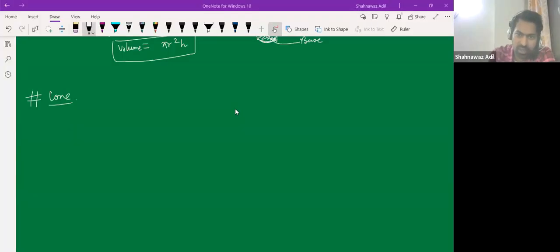This one curved surface, and then the top one, which is the circular part. For the case of this cone, we have this length, which is called the slant height, and the other height is there, and then you have these two circles, right? So this is the shape of the cone.